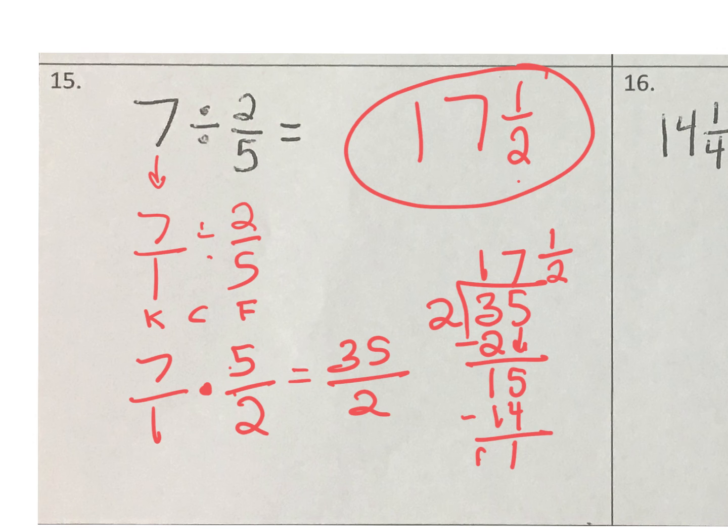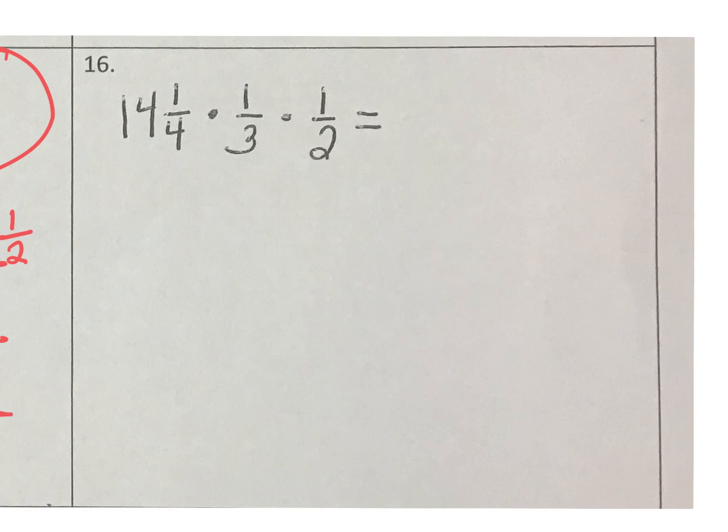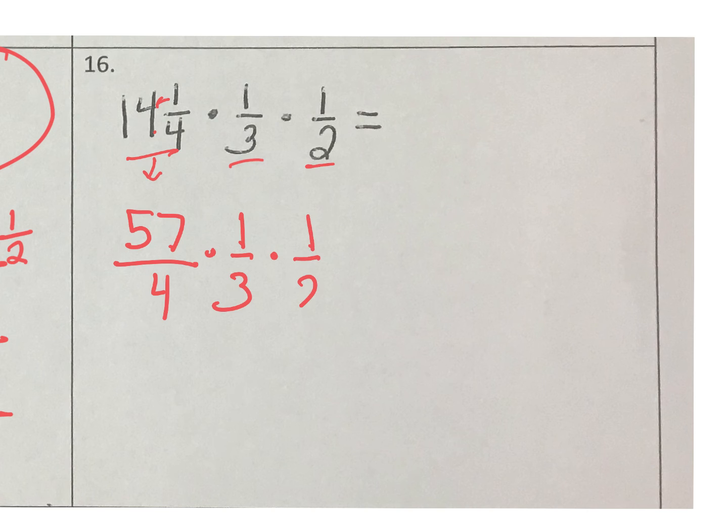Let's go over to number 16. This is a multiplication of a mixed number by a fraction by a fraction. So I first have to get this into a fraction. So 14 times 4 is 56 plus 1, 57 over 4 times 1, 3 times 1 over 2.